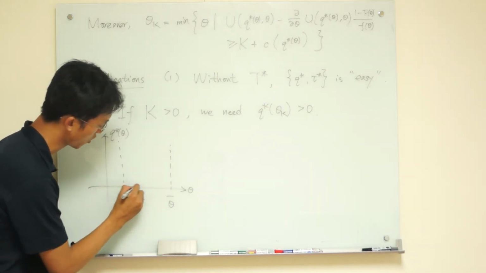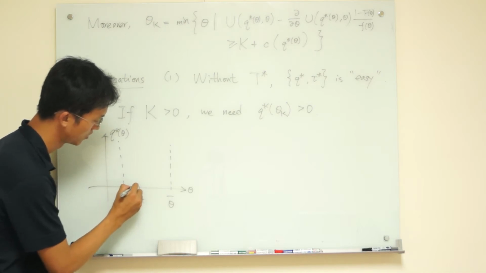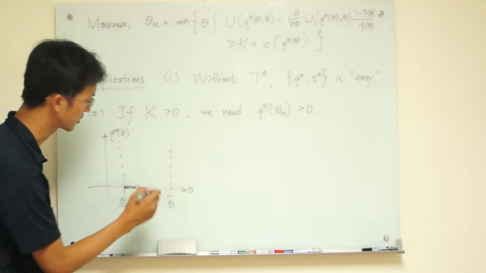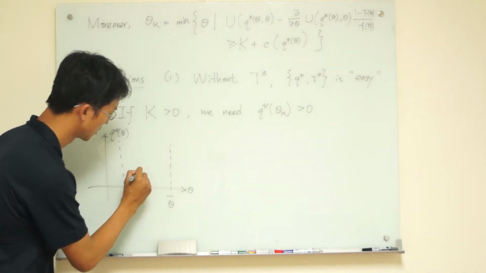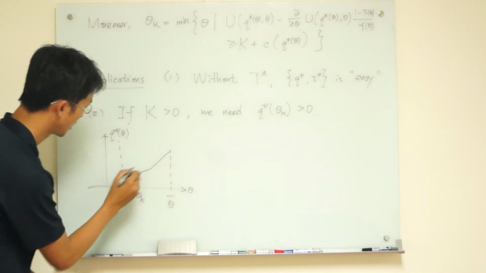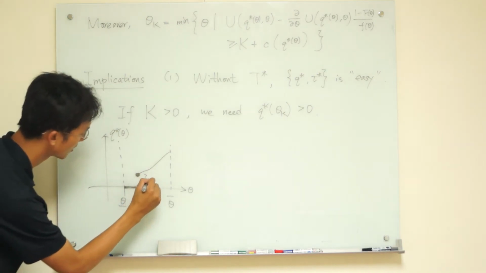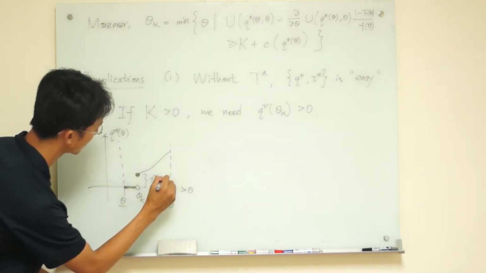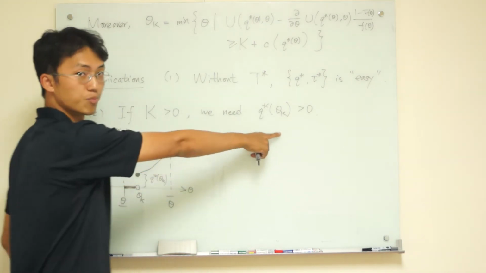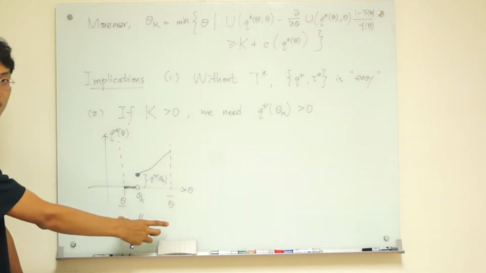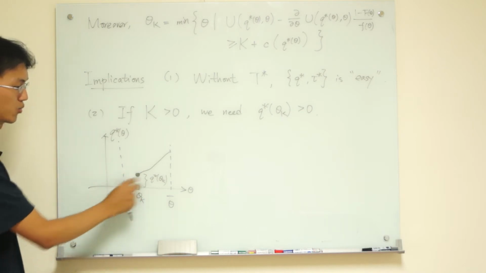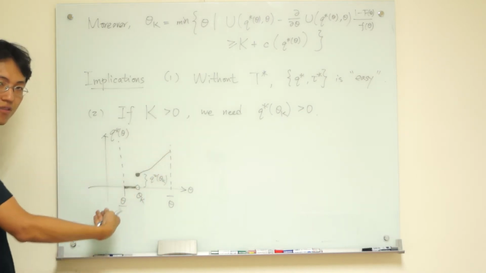Below that, the quantity is 0, right? But above it, the function is discontinuous. It will be something like this, and then this part is exactly our Q star of theta k, which is positive. So you can see there will be a gap in this curve.